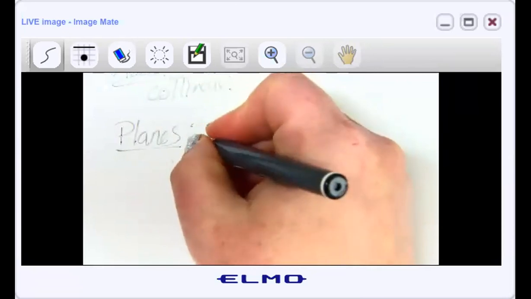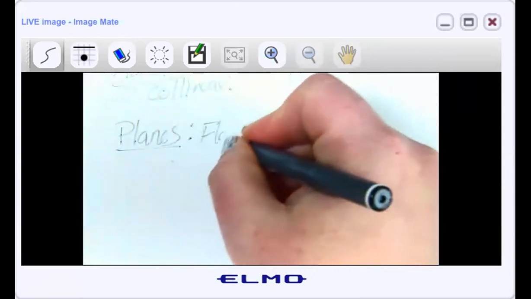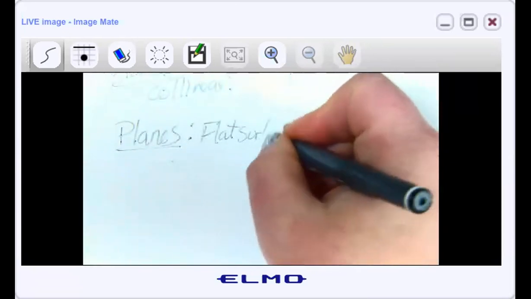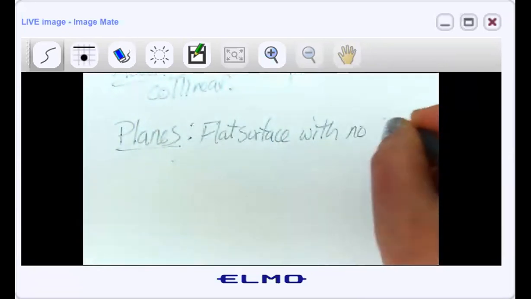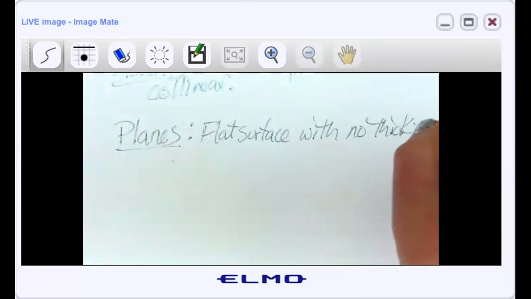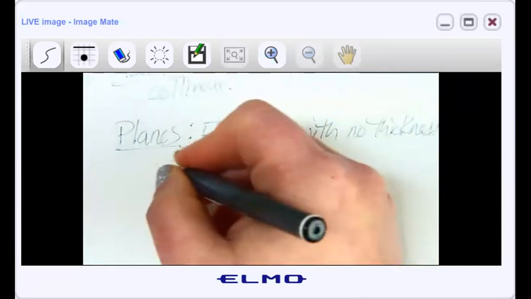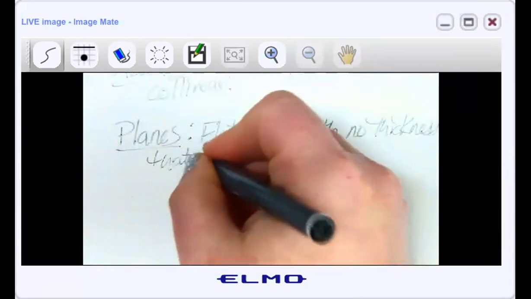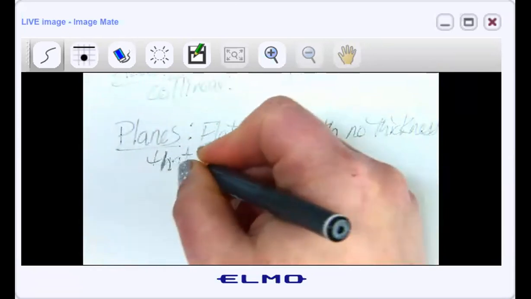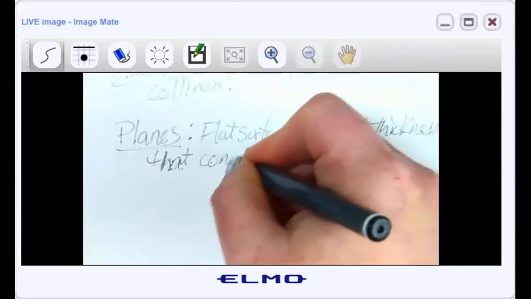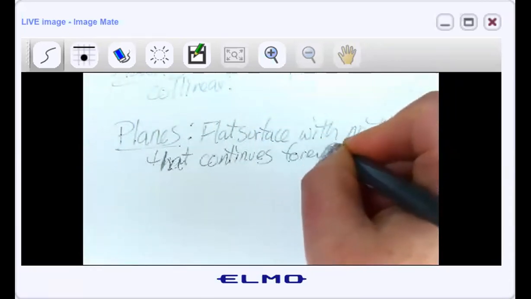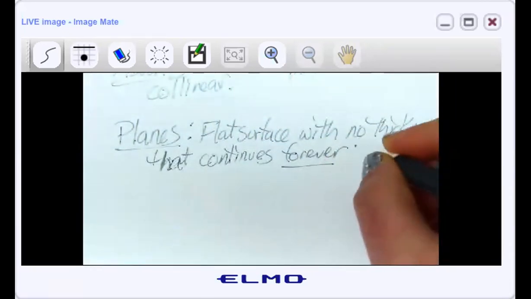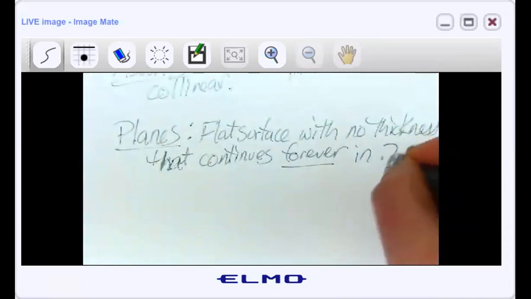So in geometry, it's going to be a flat surface with no thickness that continues forever. That's weird. That continues forever in 2 dimensions.